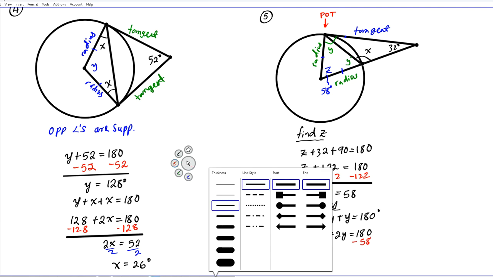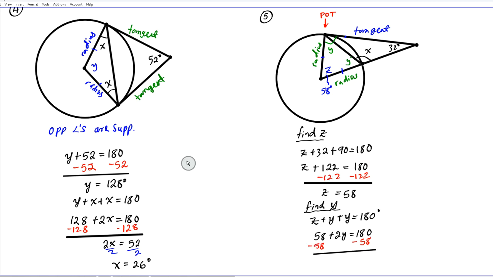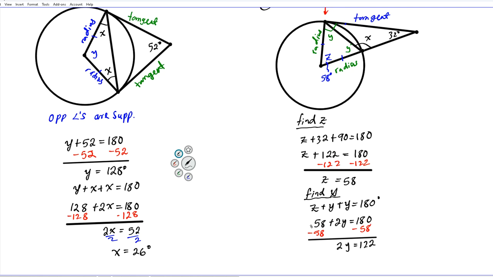And that will give us 2y is equal to 122. Then to get y by itself, we'll simply divide both sides by 2. Divide by 2, divide by 2, and then we have y is equal to 61 degrees.